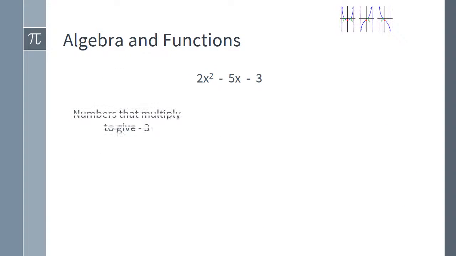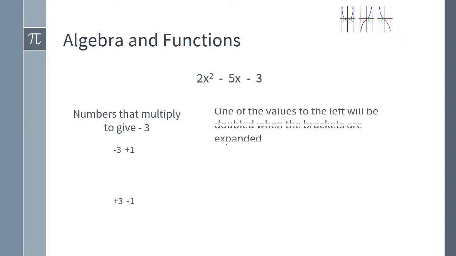So let's look at this factorisation here. We want numbers that multiply to give minus 3. So it's minus 3 and 1, or 3 and minus 1. However, it's a 2x squared, so one of the terms has to be doubled when we add them together. So it's either minus 6 plus 1 or minus 3 plus 2. The minus 6 comes when doubling the minus 3 term, and the 2 comes when doubling the 1 term.